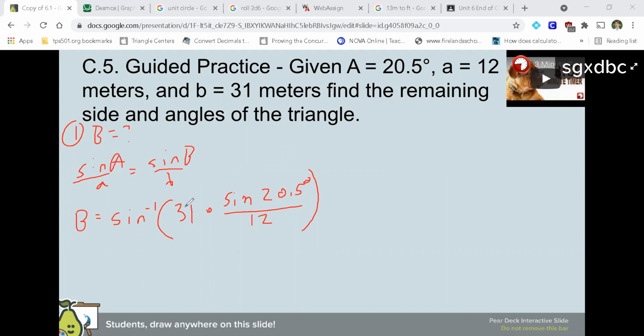So b is 31 times sine of a over a. Calculator. You get, for your first value, b is about 64.783 degrees.